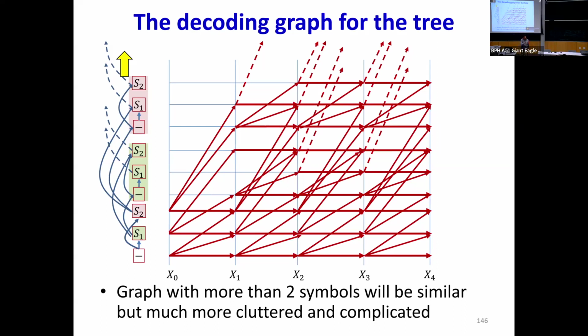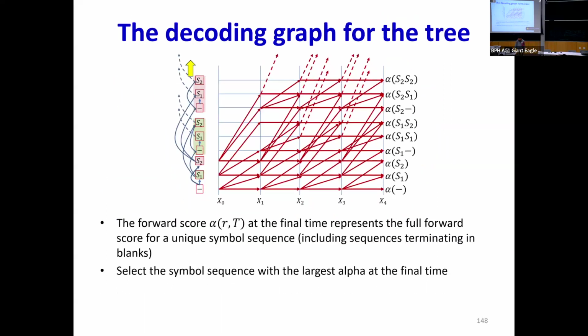And then I can just use the forward algorithm going all the way to the end. When I run out of inputs, observe that every node over here represents a unique symbol sequence, right? So all I have to do is to go down that column and pick the row for which the alpha was highest, and the corresponding symbol sequence is going to be my most likely answer.